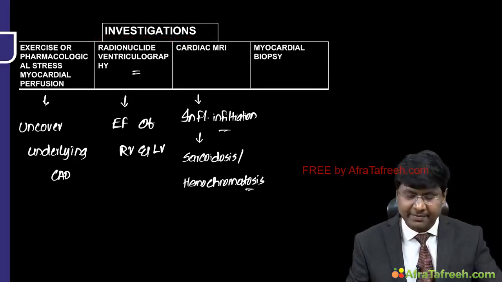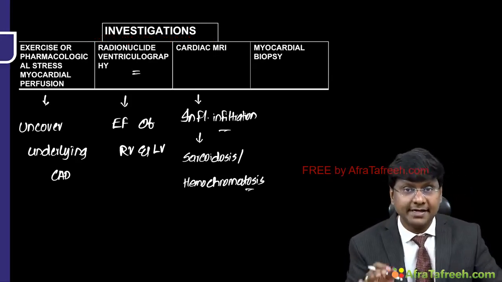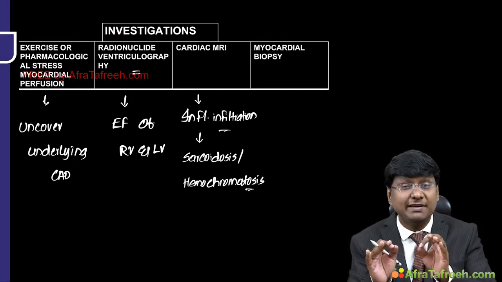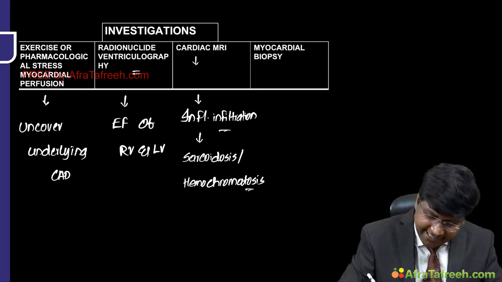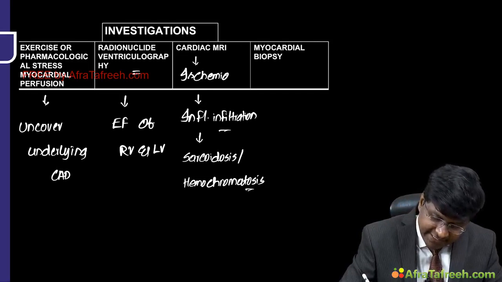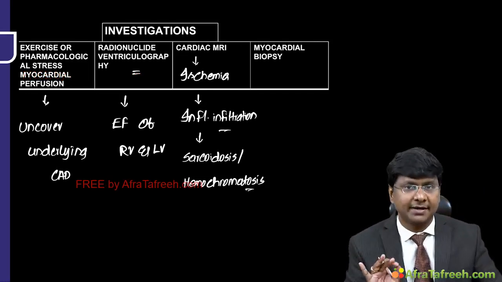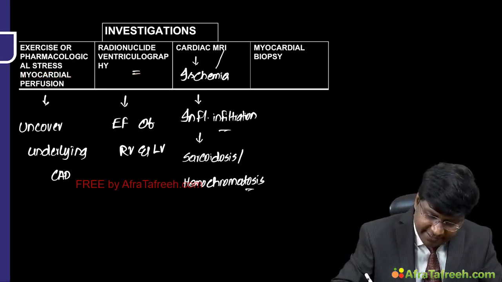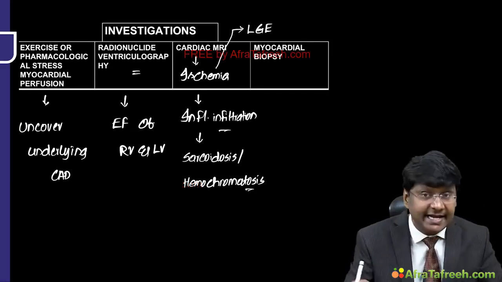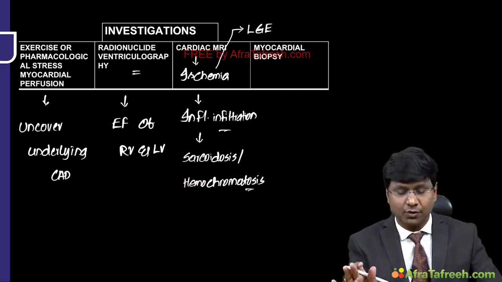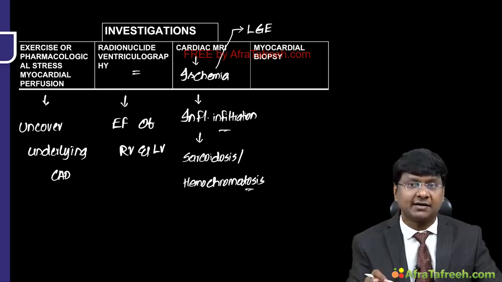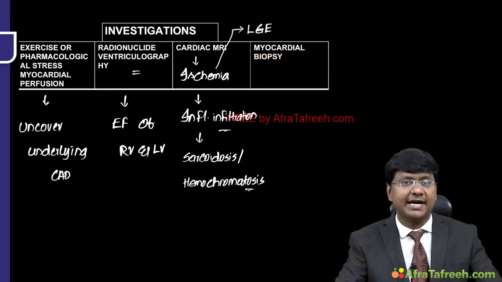So this can be made out by the cardiac MRI, right? And this cardiac MRI can also help define the ischemic etiology. Where exactly is the site of ischemia? That can be made out by the cardiac MRI. Okay, so wherever there is ischemia, there is late gadolinium enhancement present. Late gadolinium enhancement consistent with myocardial scar can be made out by the cardiac MRI.